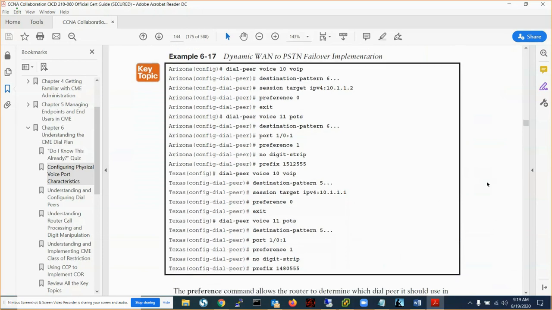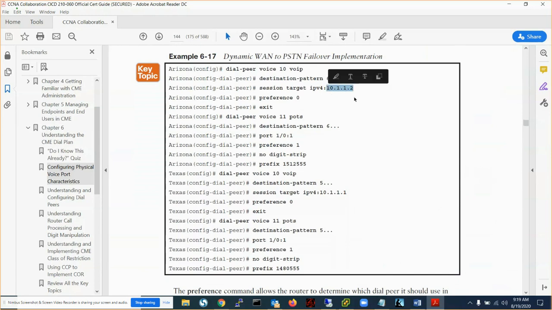So you have dial-peer voice 10, so you're using a VoIP dial peer, and you tell it destination pattern 6 dot dot dot, the three wildcards. So once the system sees anything starting with 6, it will send it to this IP address, because this is the Arizona CME, right?